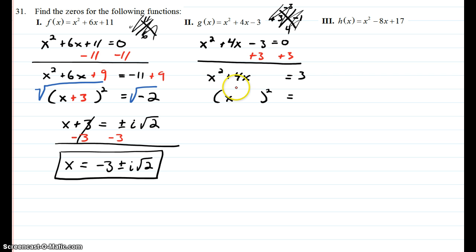Alright, so take half of 4, which is a positive 2. 2 squared gives us 4. So now we have 4 to both sides. 3 plus 4 gives us that 7. And so now we can square root this.